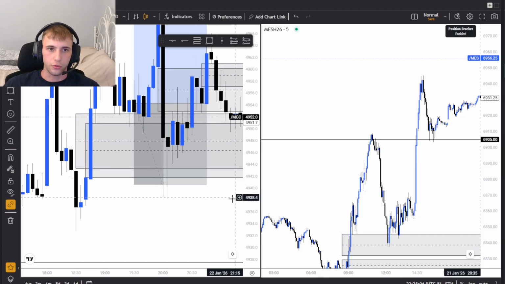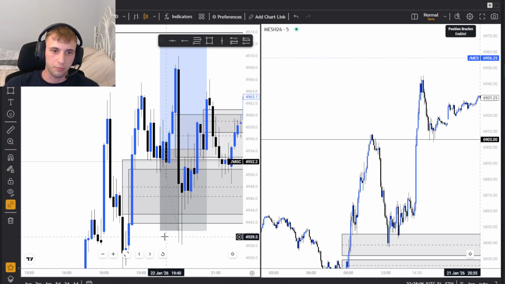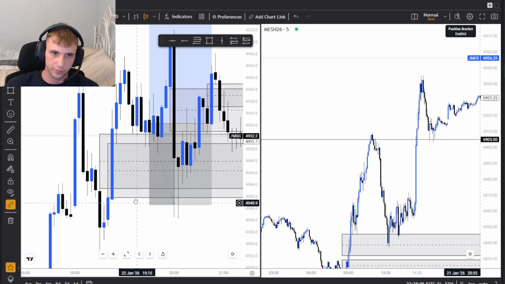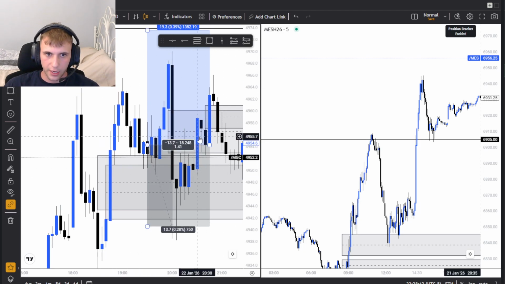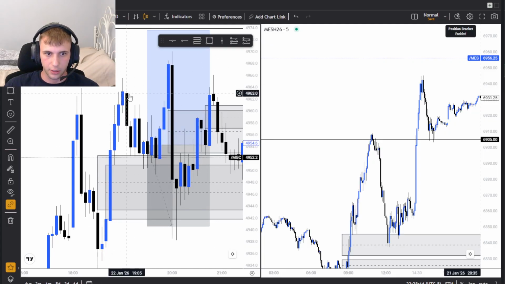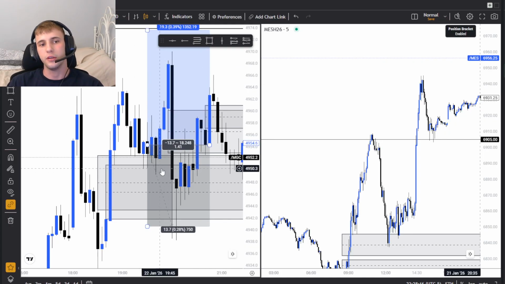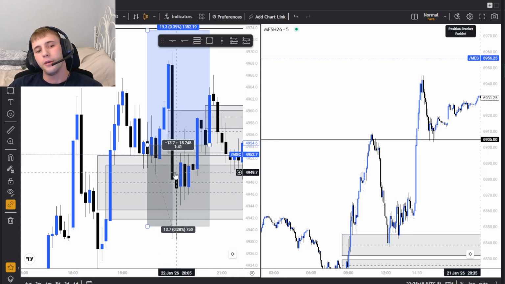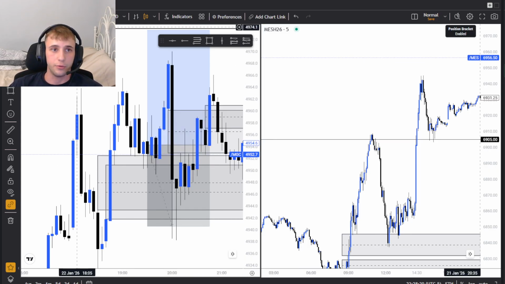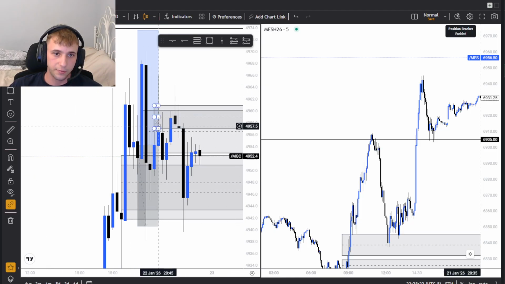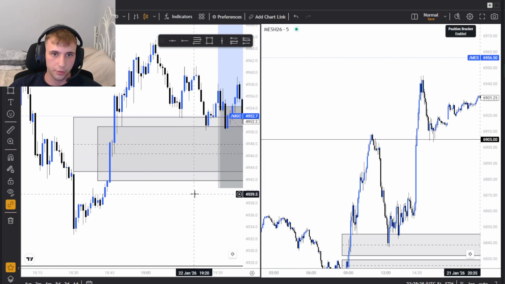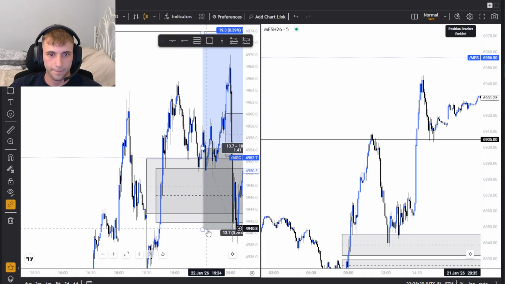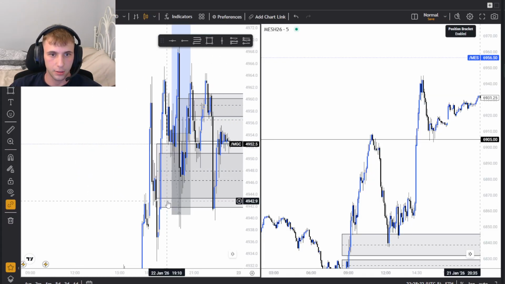What I'm trying to show you here is that I actually missed out on one thing. And it's this. As we were coming up and retracing into this, making this 5-minute retrace, as well as this 15-minute retrace, when we started coming up from the lowest point over here, take a look at this.